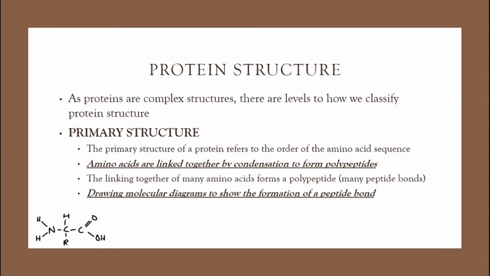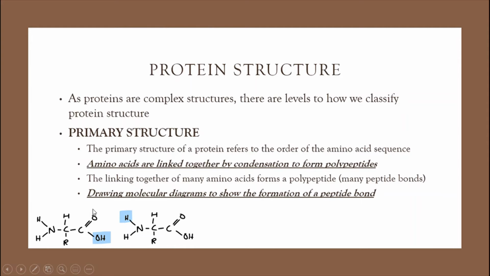We start by drawing our amino acid, which we know how to do now. We're combining 2 amino acids together, so we're going to draw in another one. And what's going to happen is that water is going to be produced. So the hydroxyl, or OH, of the carboxyl is going to combine with an H of the adjacent amino acid.